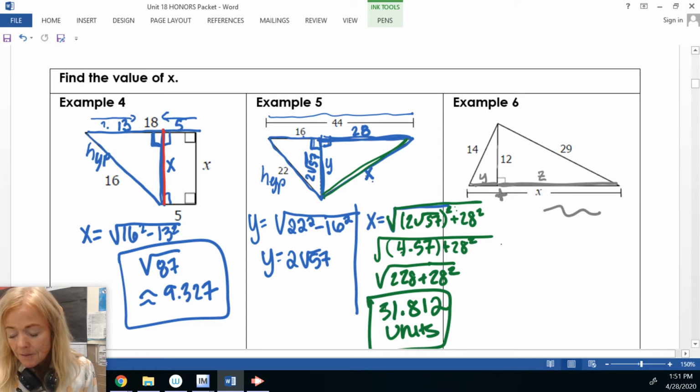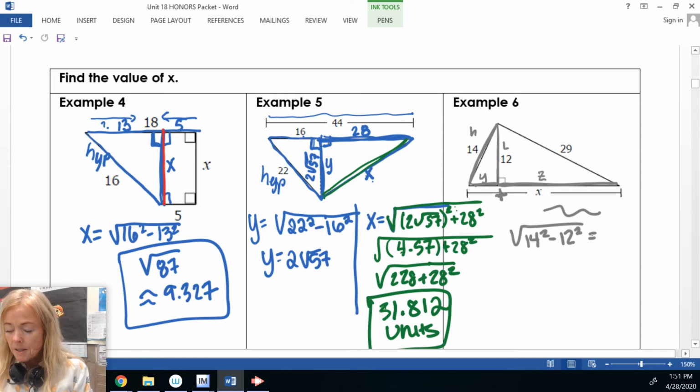All right, so I'm going to have to come up with 2 different triangles. The left triangle, I have 14, which is the hypotenuse. This side, which is 12, is a leg. So I'm going to put the square root of 14 squared minus 12 squared.